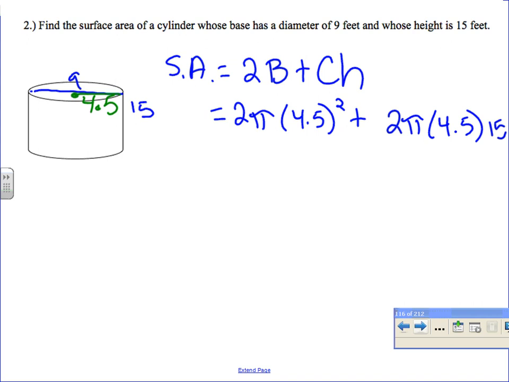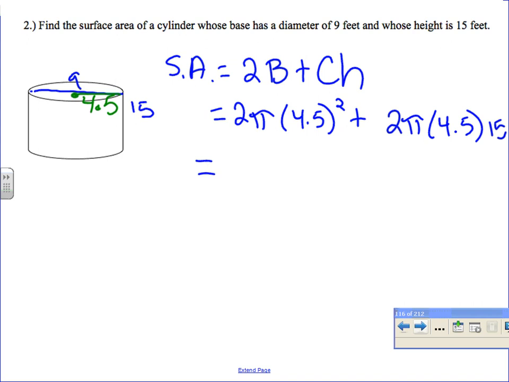Okay, so again, I would take 4.5 squared first, multiply that by 3.14, multiply that by 2, and then on the right-hand side, do one thing at a time.